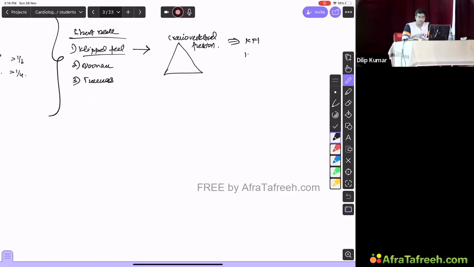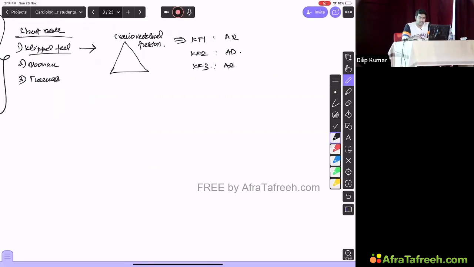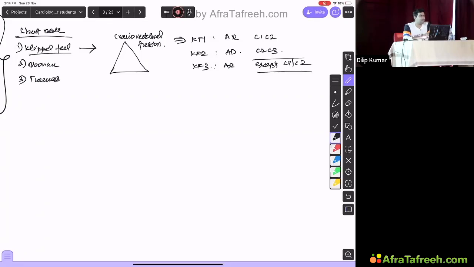So you have KF1, KF2, and KF3. So KF1 and KF3 are autosomal recessive, whereas KF2 is autosomal dominant. Generally, the fusion will be C1 and C2, atlas and axis. In case of KF1, it will be C2 and C3. In case of KF2, except C1 and C2, if anything else is fused, that is called KF3.